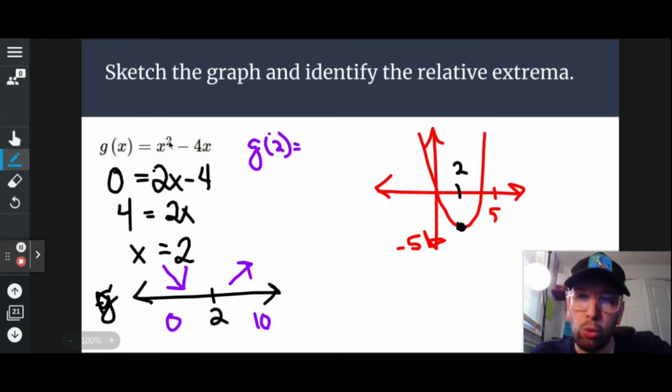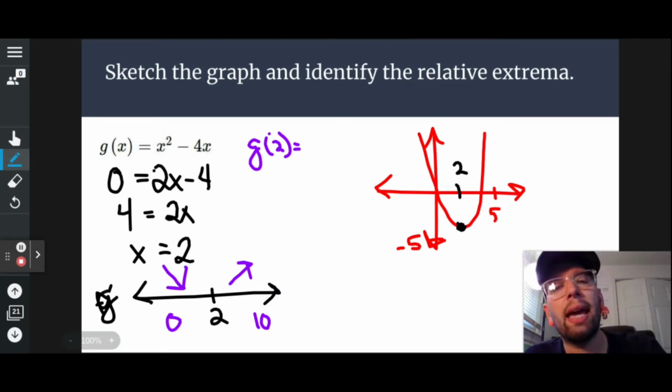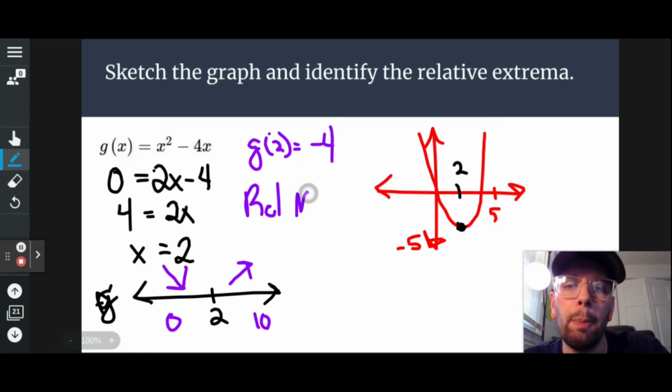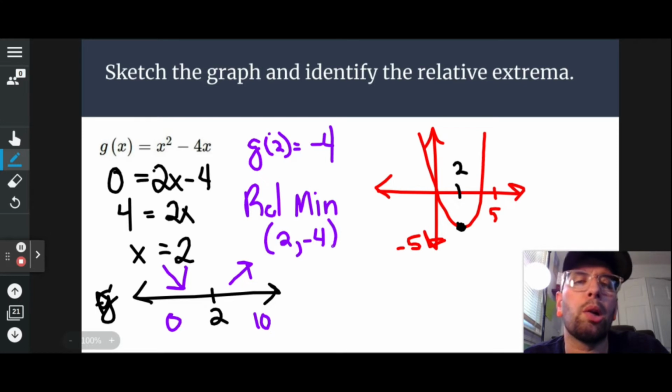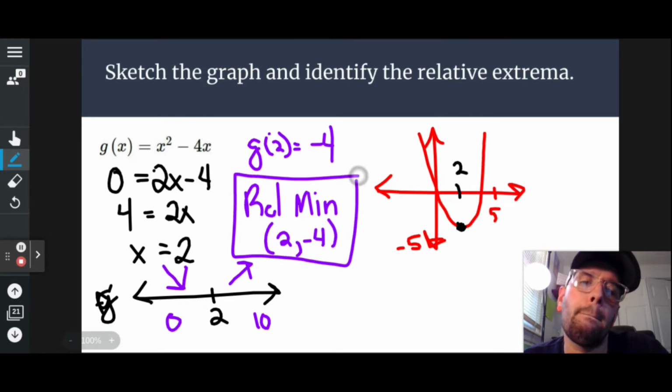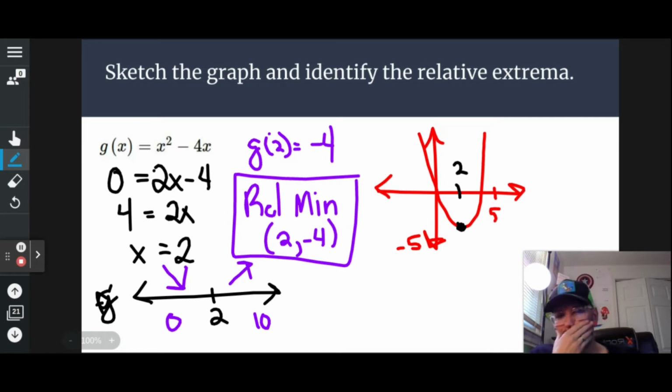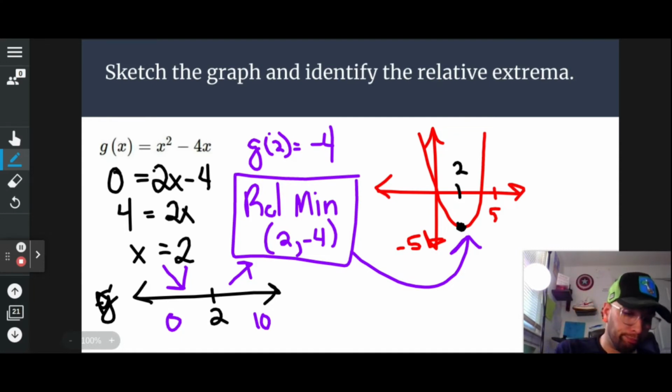So that would give me 2 squared, which is 4, minus 4 times 2, so 4 minus 8 is -4, and that leaves me with a relative minimum at the point 2, -4. And we can kind of see that based off of my picture. My picture, although not good, really ain't half bad.